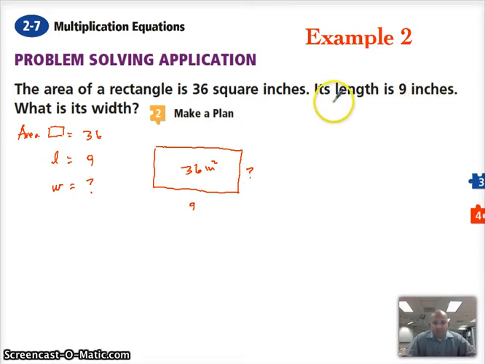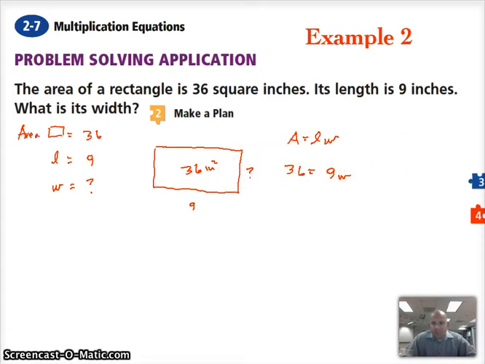If I remember from my experience with rectangles, if I multiply this length times the width, it should give me the area of the rectangle. So my plan is to plug this into the formula. Area equals length times width. That means 36 square inches, the area, would equal the length, and the length we've determined is 9, times W. We'll just call this width W.